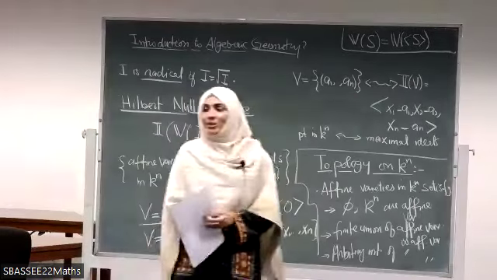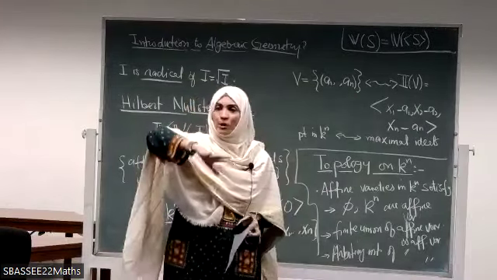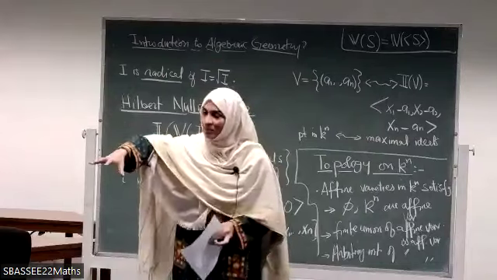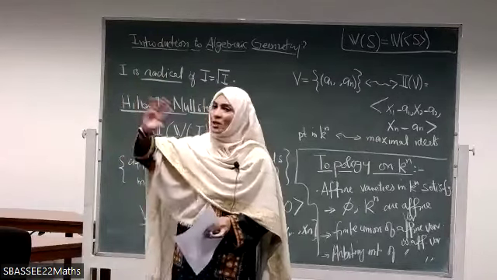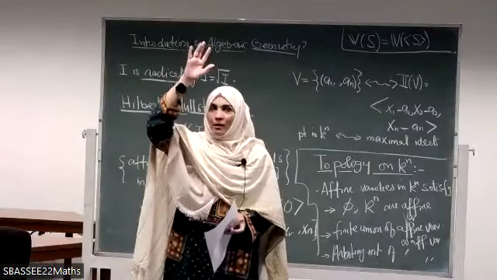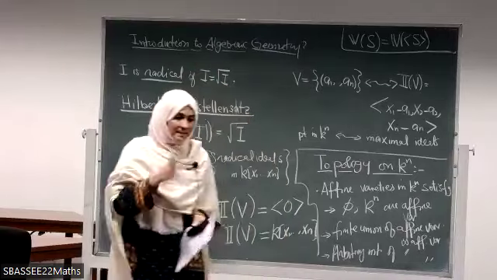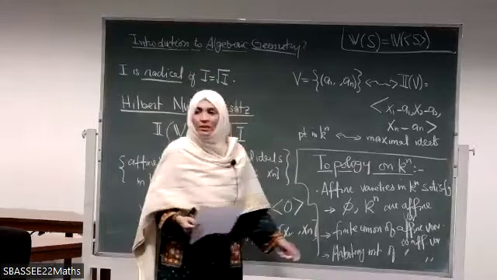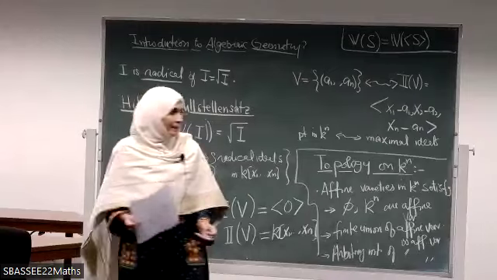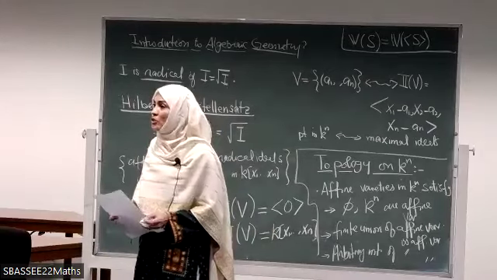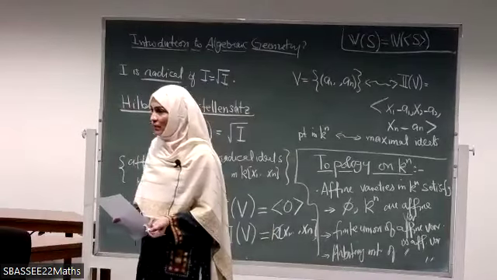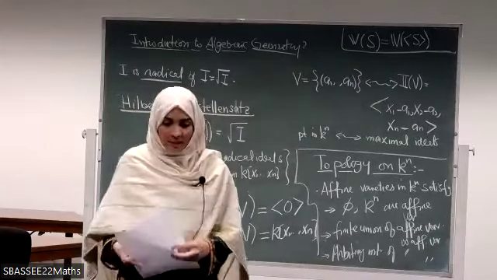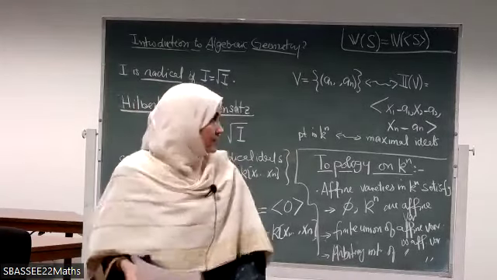If you know a little bit of topology, there is a collection of closed sets and a collection of open sets, and sets which satisfy these certain conditions are called closed. This topology has a special name, the Zariski topology on affine space.